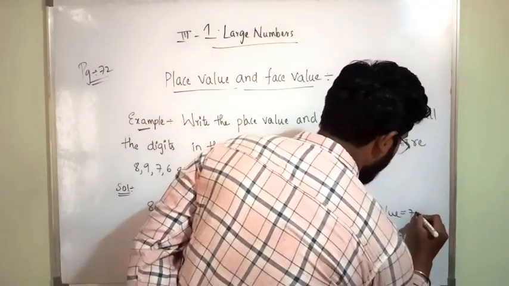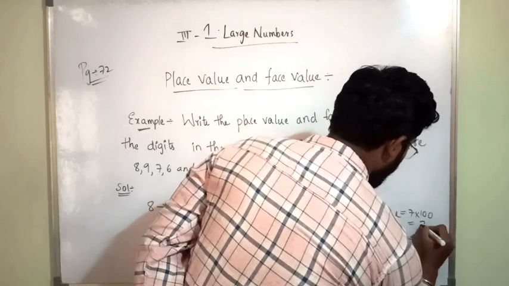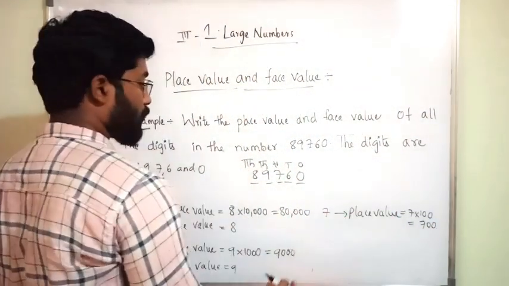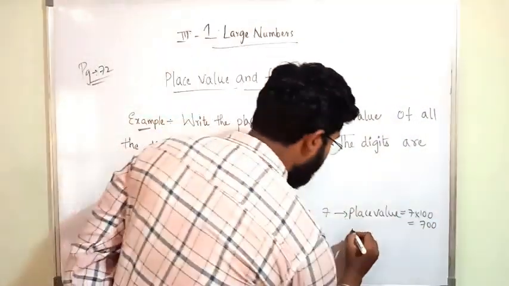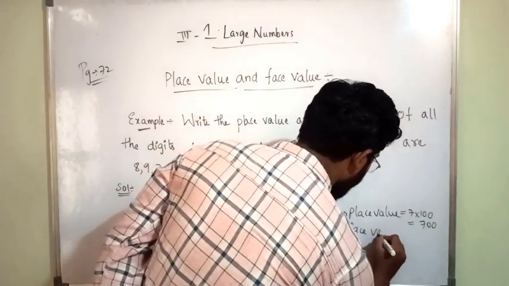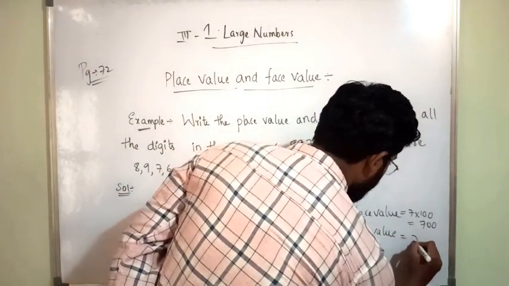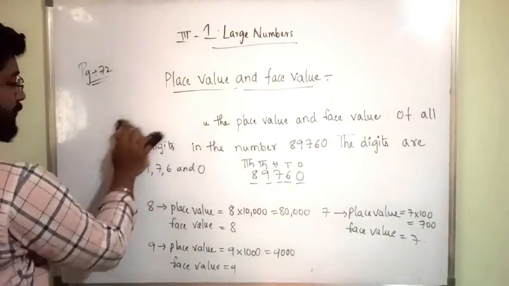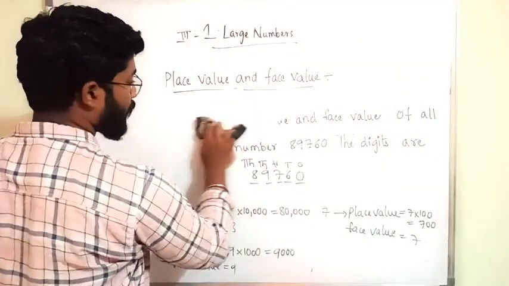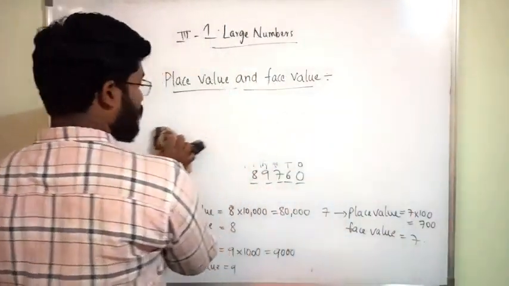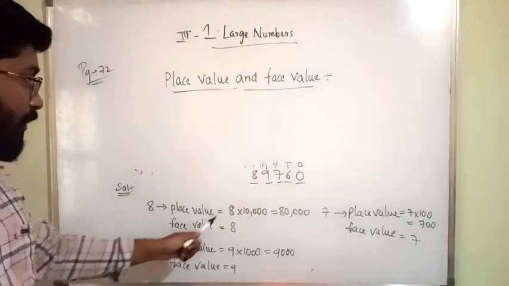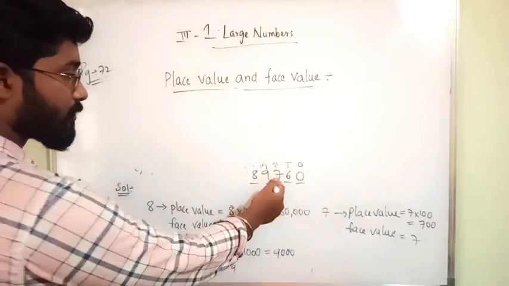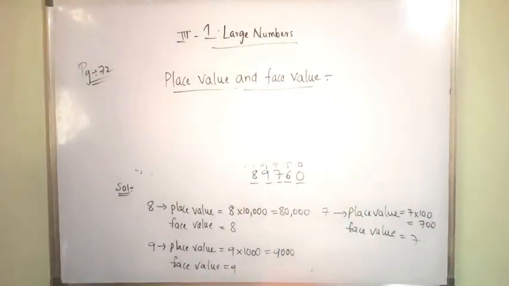So 7 into 100, 700 is the place value, and face value is 7 only. So 8, 9, and 7 we have completed, up to hundreds place.